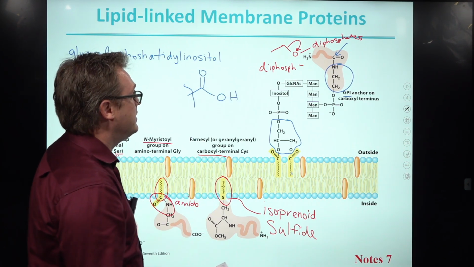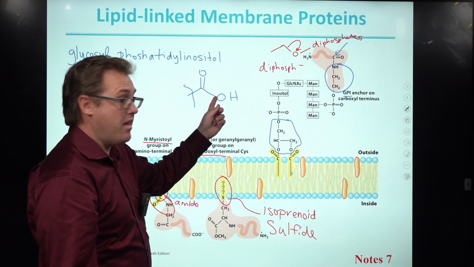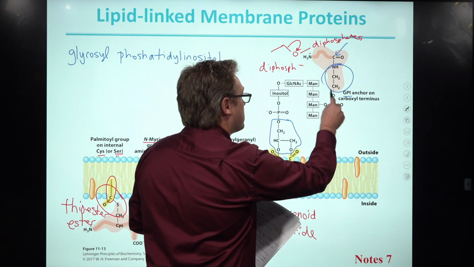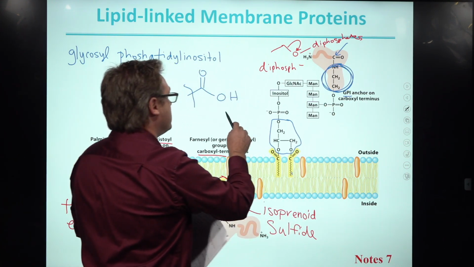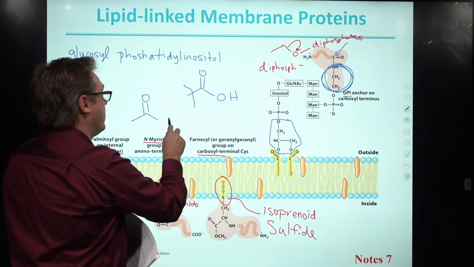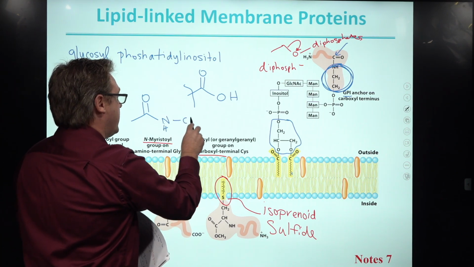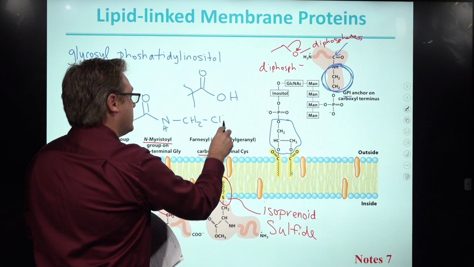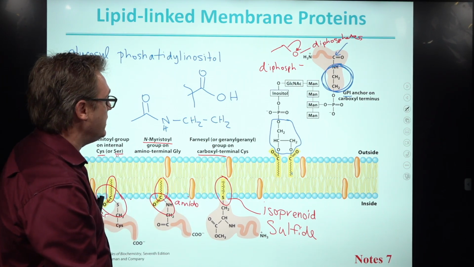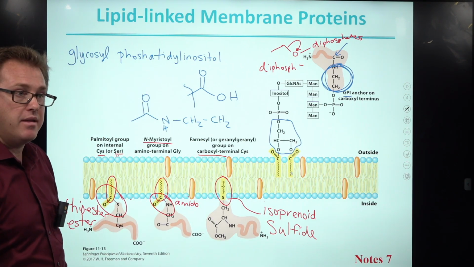And now what have we replaced that C-terminus with? That piece right there. So it would look like this: we would have our NH and then our CH2, CH2, and that's obviously attached to the phosphate right there.